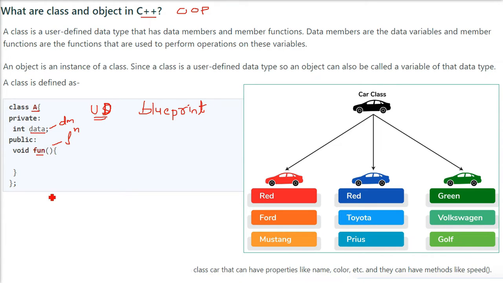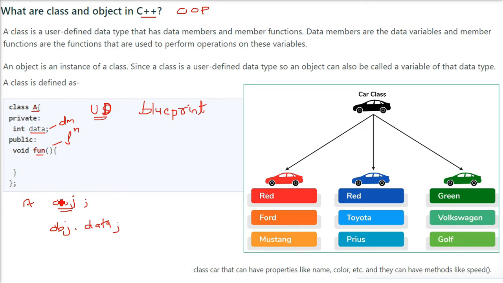That single unit is represented by an object. So when you say A obj, we are making an object of this class A. All the content, all the unit, we are naming as one, and that one is obj, the object.